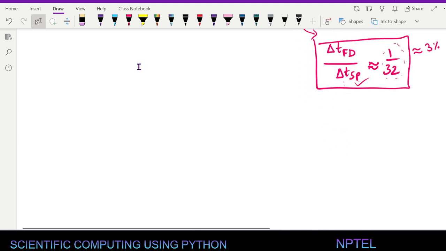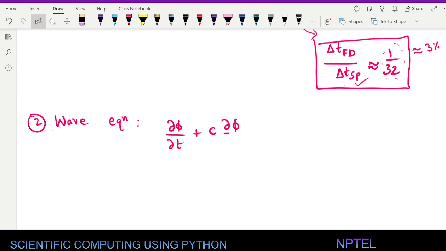And vectorization, I think when we do the code, it will be clear. Let's look at the wave equation, which is del phi by del t plus c del phi by del x equal to 0.